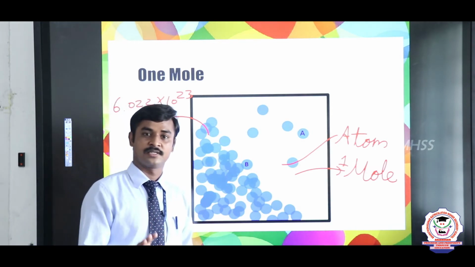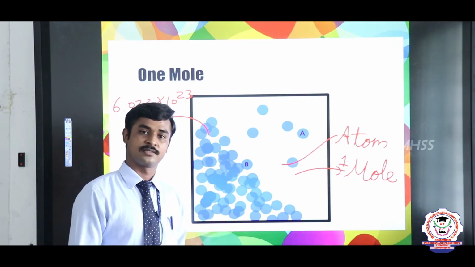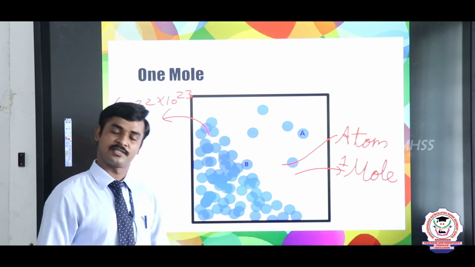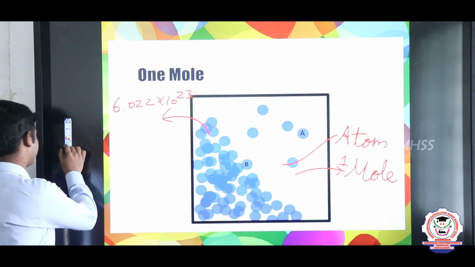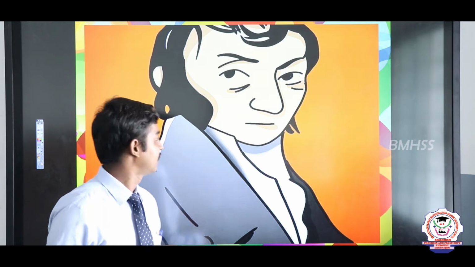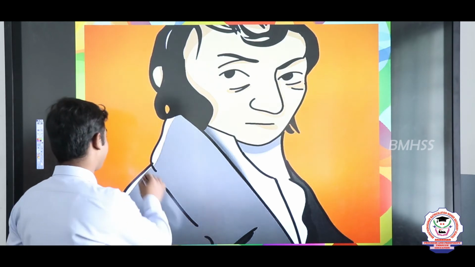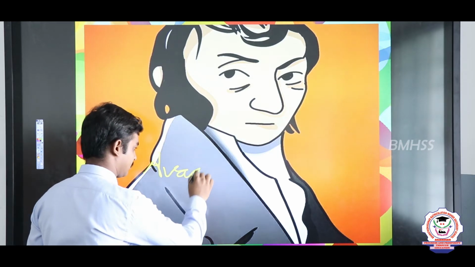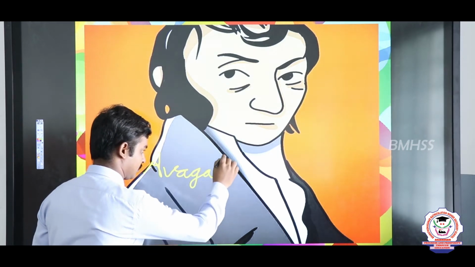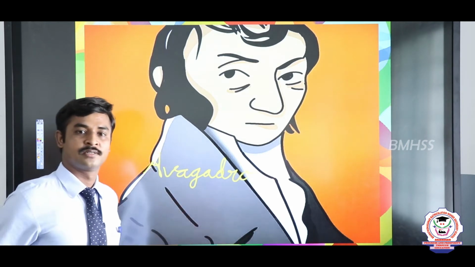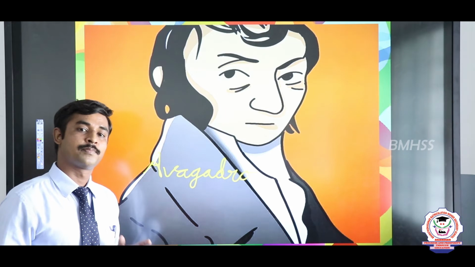The mole concept is that every substance in 1 mole has 6.022 into 10 to the power 23 particles. It is a magical calculation, and this concept is given by an Italian chemist named Avogadro. He found the number of particles present in a mole, whether atoms or molecules.